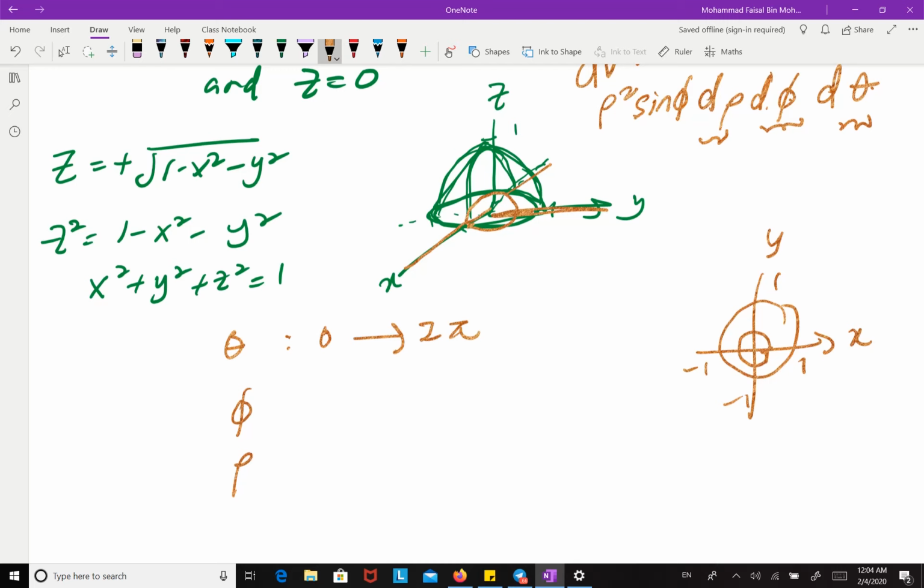Then how about phi? The phi must be from the positive z-axis, right? Here. Is it? No, it should be from here to here.